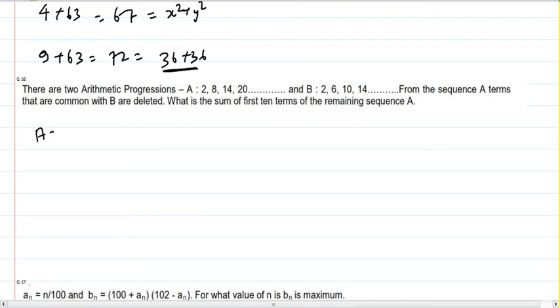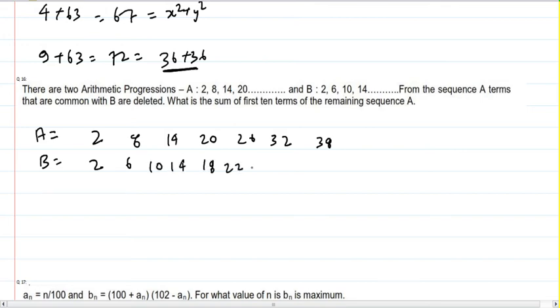Alright. This is my sequence A with a gap of 6. I'll write down a couple of values just to be on the safer side. And this sequence B, 2, 6, 10, 14, 18, 22, 26 and so on with a gap of 4.